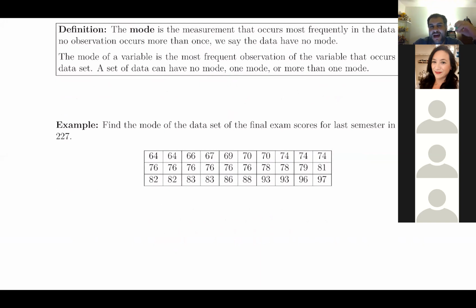But once we have a number that repeats the most, that will be our mode. I'm already getting answers for the mode. Good. If you look at it, our mode is whichever number occurred the most often. So if you look at 76, 76 will be our mode.